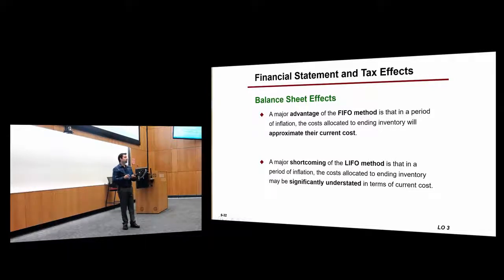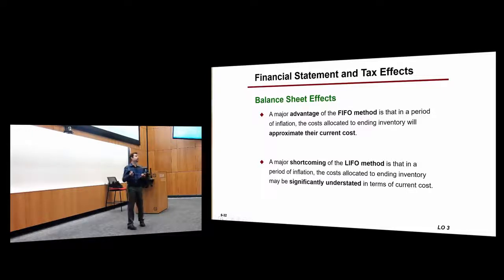Okay? For example, I think the book gives the example of Caterpillar. They use LIFO. Their ending inventory's value is $14.5 billion. If they were to use FIFO, their ending inventory would be $16.9 billion.